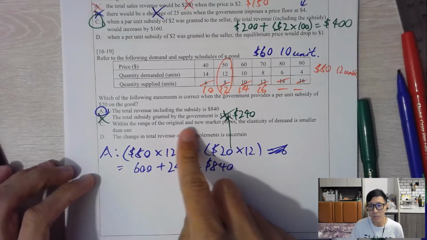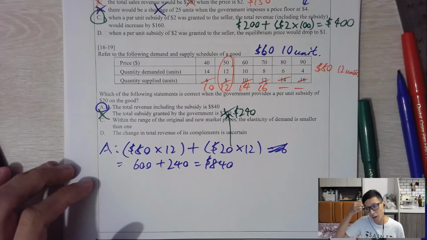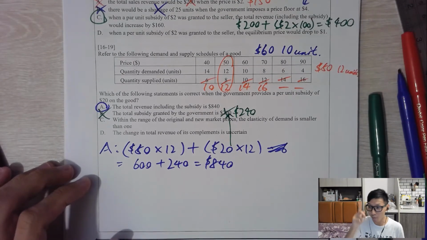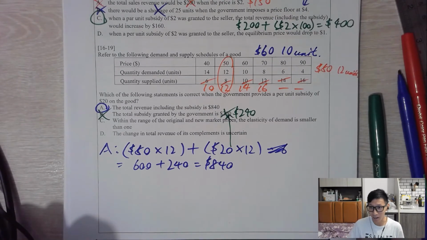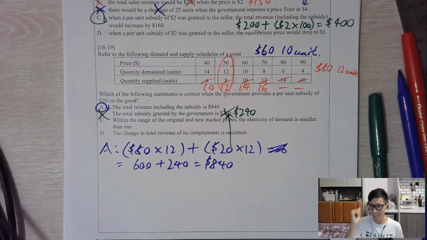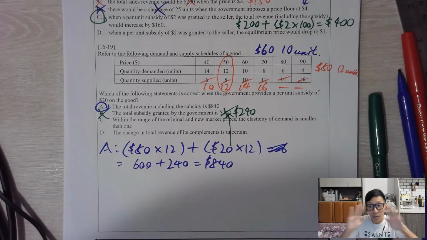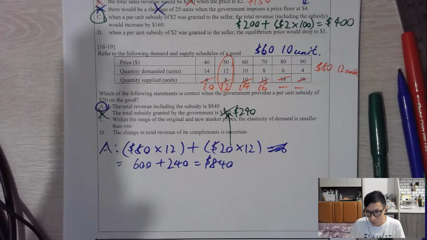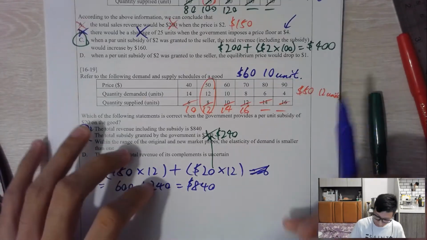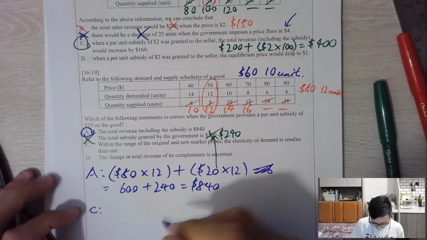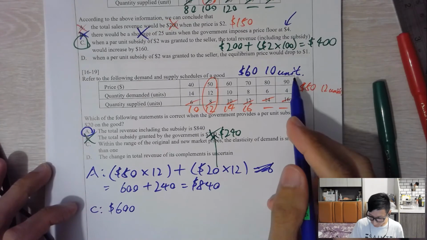Okay, within the range of the original and new market price, elasticity smaller than 1? 計唔計到啊？計到。Okay, you have two ways. First you can follow Adam's way, the true way of calculating arc elasticity, which you can do, no problem. But second way, you can just look at how total expenditure changes, right? Original total expenditure was 600, right? 睇先 600.